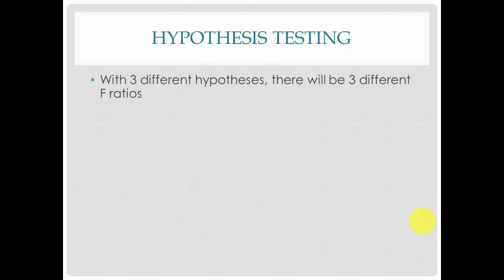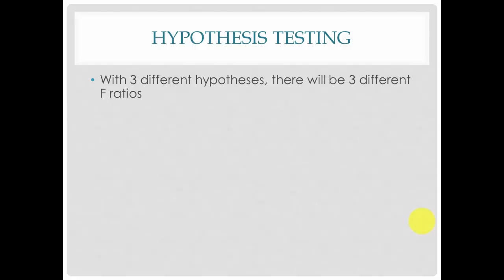In this example that we've been using in class, it's the main effect of gender on attractiveness ratings of the pictures. We have a second hypothesis that's about the main effect for humor on attractiveness ratings, and then we have a third, the null hypothesis that there's no interaction between humor and gender.